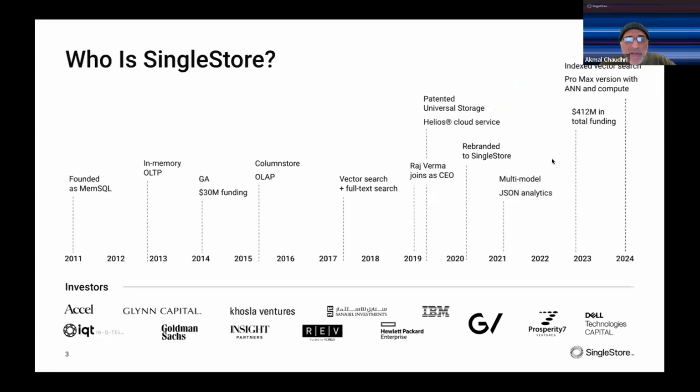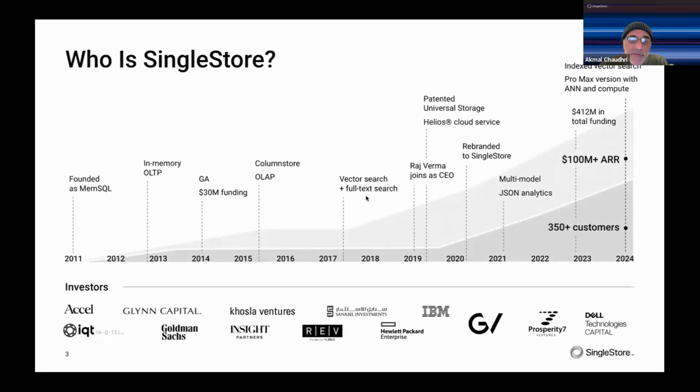And other than that, some key milestones are shown here. Vectors has had support since the 2017, 2018 timeframe, so it's been quite some time. It's mature and battle tested. Originally, I think it was requested by one of our customers in the financial vertical. Over time, as you can see, the revenue has grown.